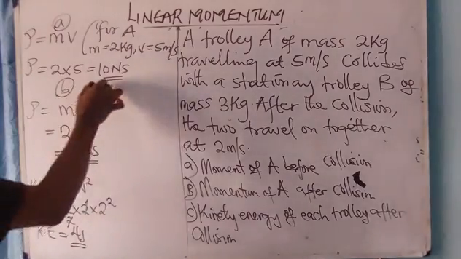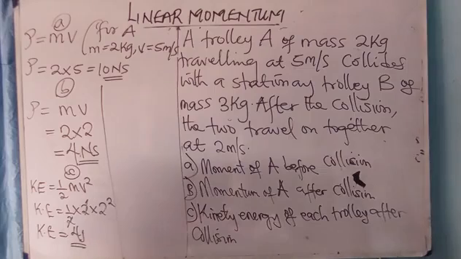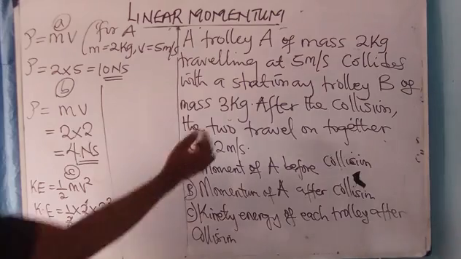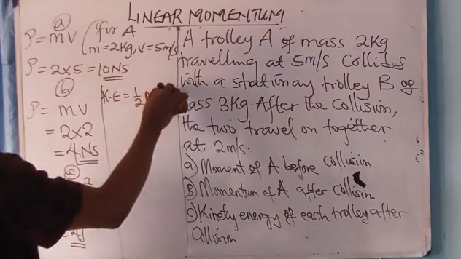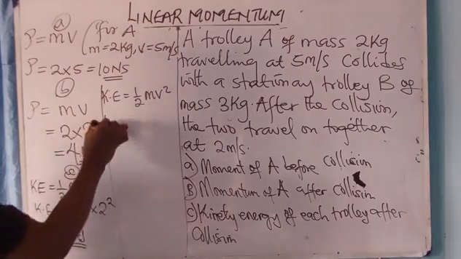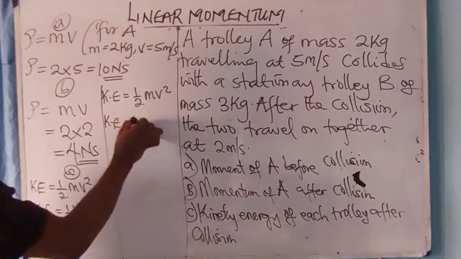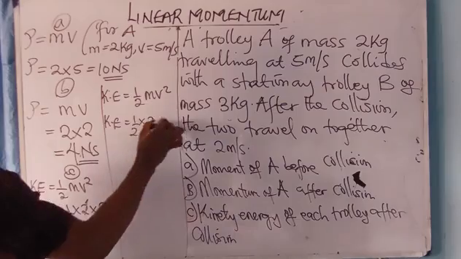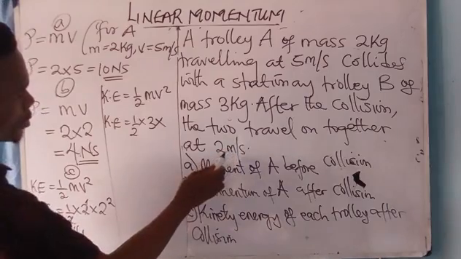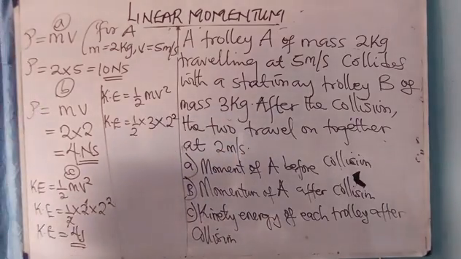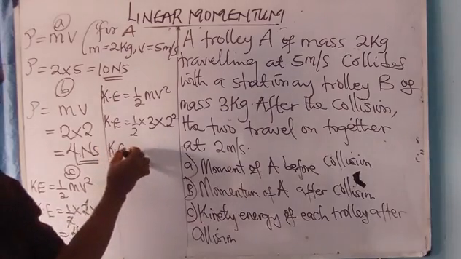Then kinetic energy after collision of B is 1/2 mv squared, with mass 3 and velocity 2 squared.